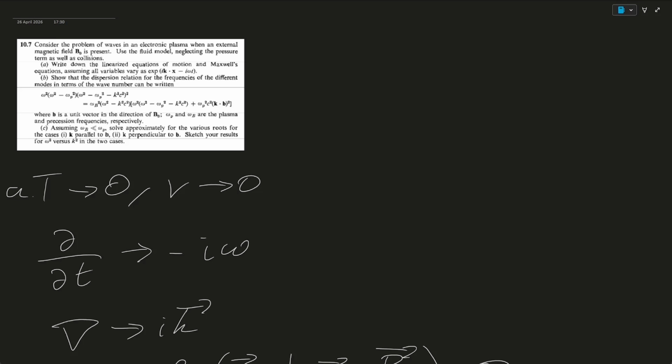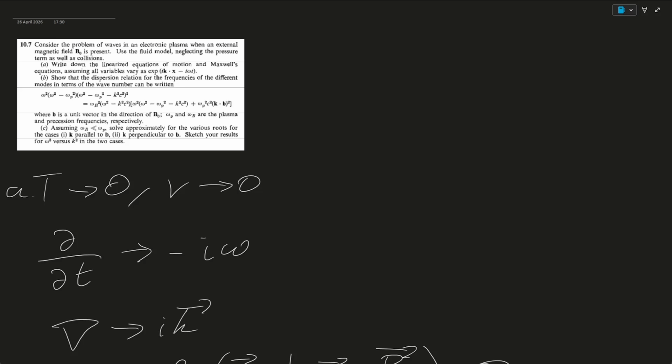One where omega squared is equal to omega p squared, which is a longitudinal plasma wave unaffected by B naught. Two, where omega times bracket omega squared minus omega p squared minus k squared c squared close bracket is equal to plus or minus omega b times bracket omega squared minus k squared c squared, which is our second solution. This defines the transverse right and left circularly polarized waves.